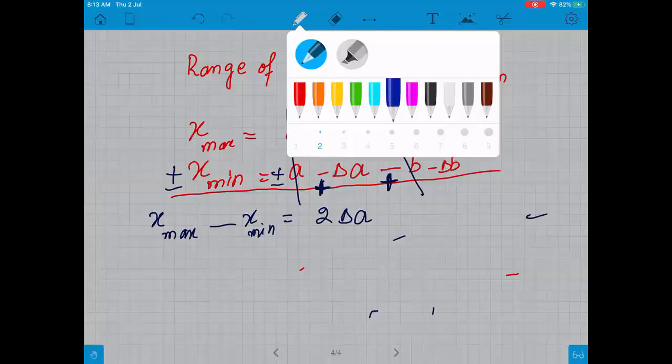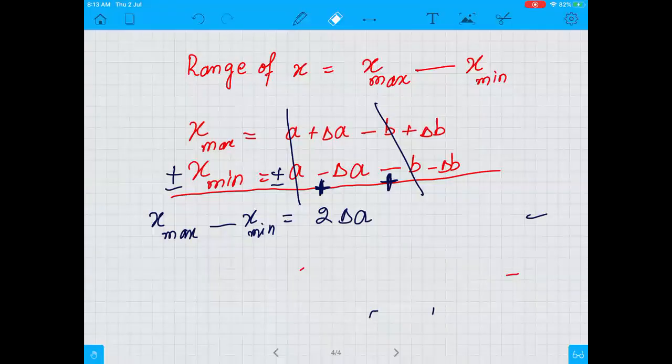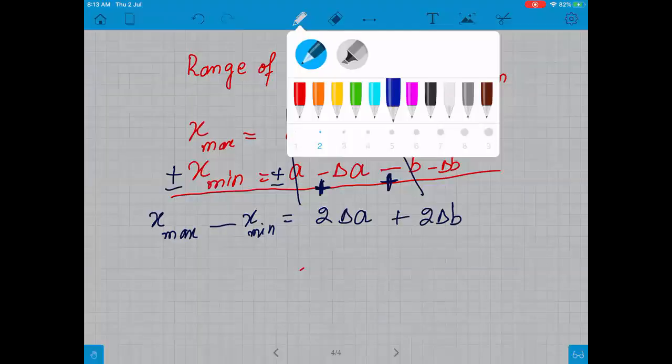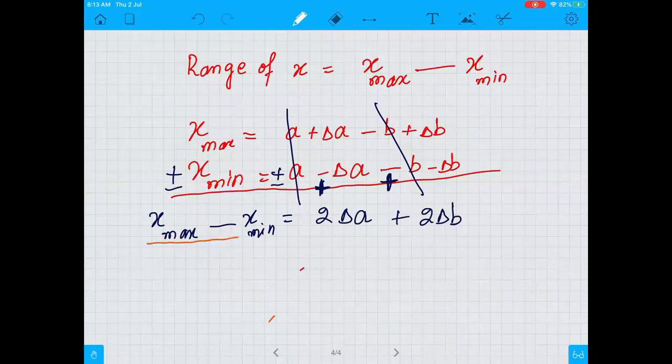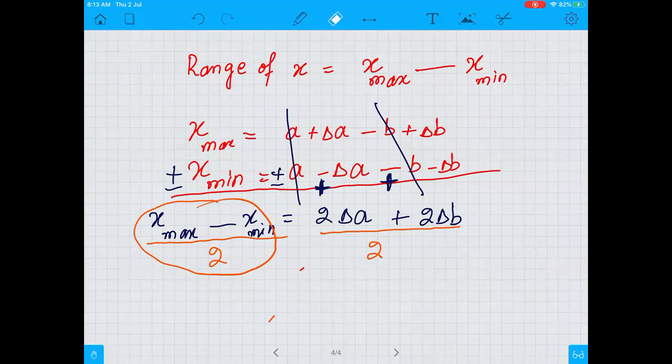plus 2 times delta b. Now you see half of the range is obviously the random uncertainty. If we divide both sides by 2, then the left side, as you see, is half of the range of the data, and half of the range of data is actually the random uncertainty.